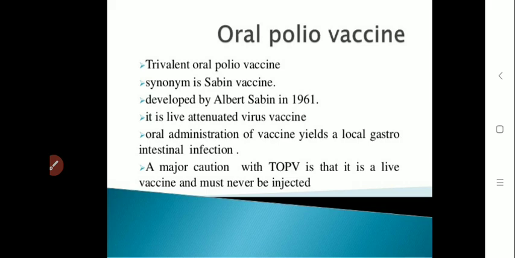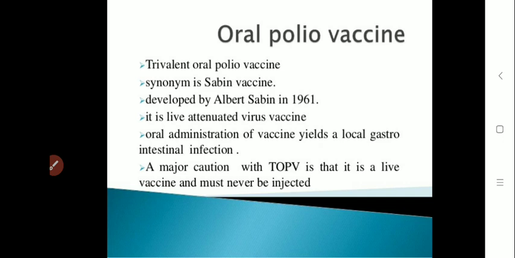So such viruses are grown in the foreign host, they lose their virulence factor and only their antigenicity is maintained. Such type of viral culture is known as attenuated viruses. Okay, so this was just the introduction about oral polio vaccine.